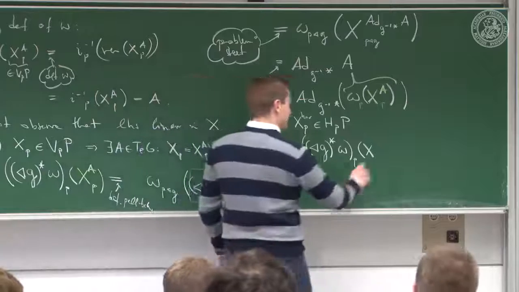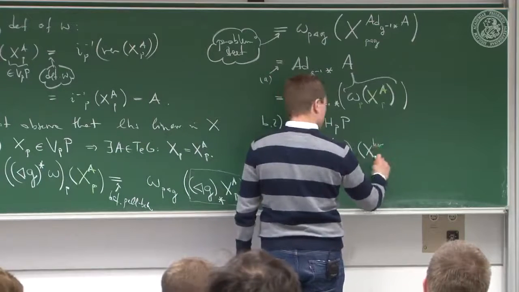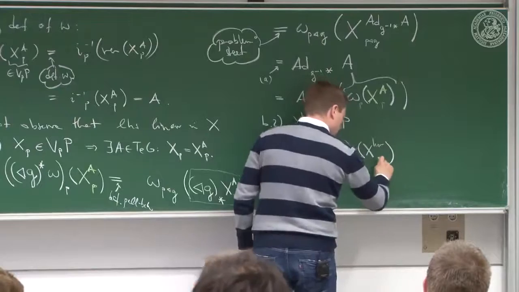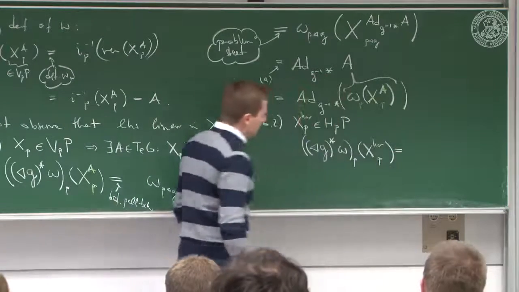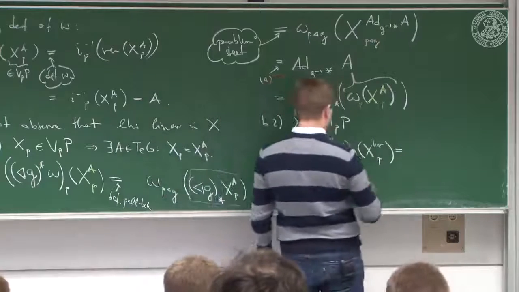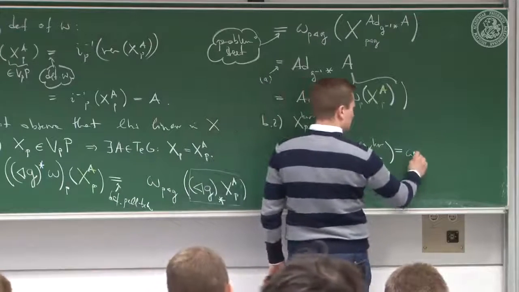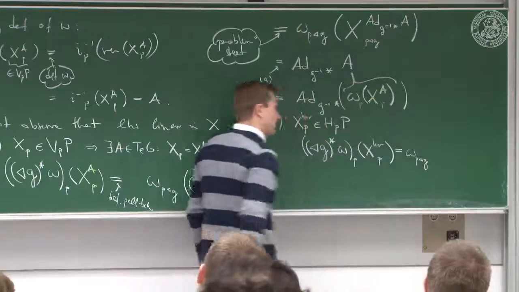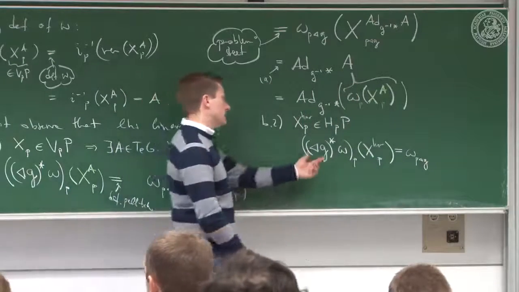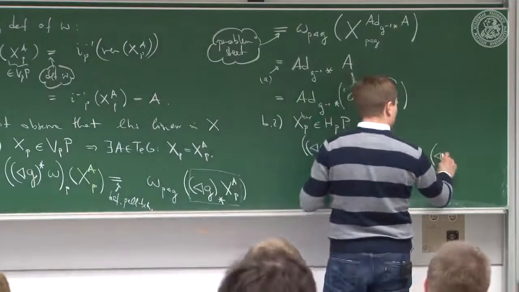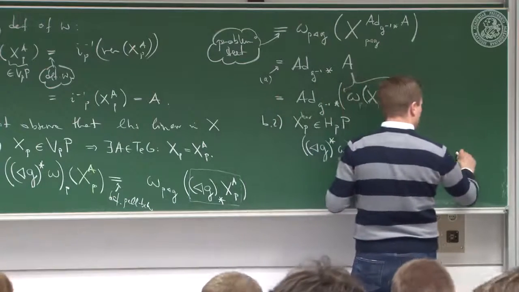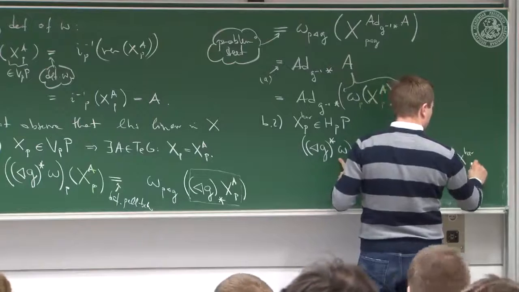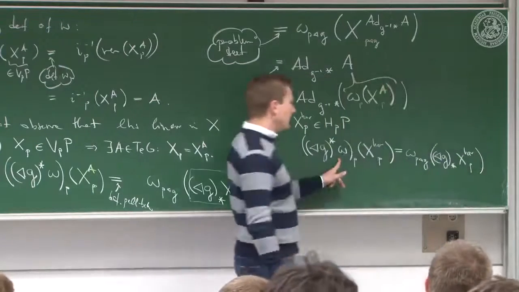It's just emphasis, X hor at point P. Now again, we use the definition of the pullback. So this is omega at P acted upon from the right by G of the push forward, G push forward acting on X hor at P. Right?